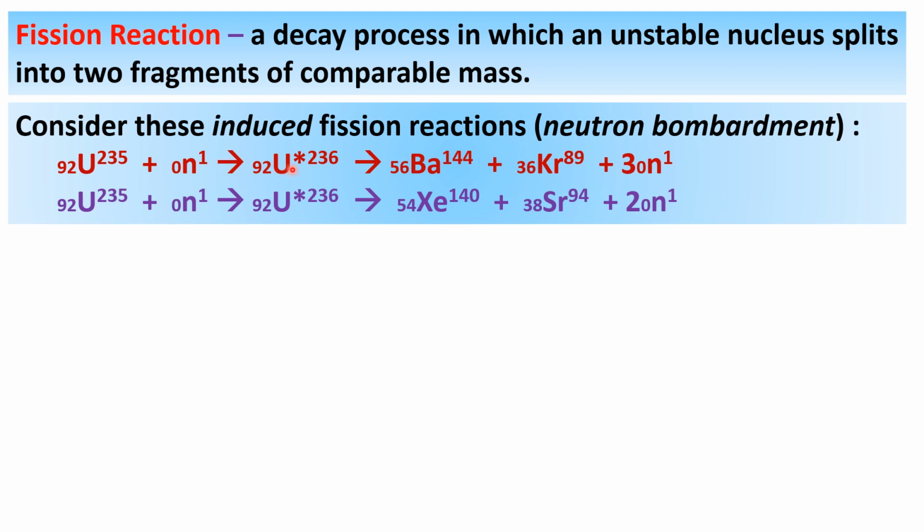Alright, so uranium-236, in its very unstable state, will instantaneously split into barium nuclide with a mass number of 144 and krypton with a mass number of 89, and at the same time 3 neutrons are also released.